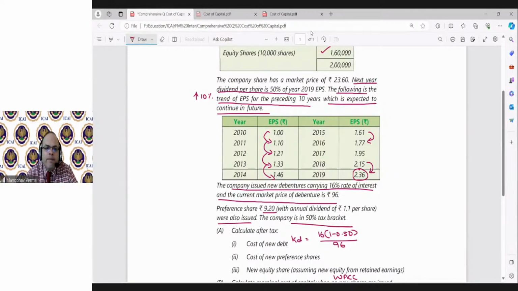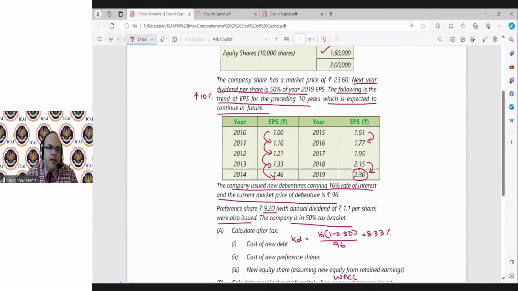What is it that we are looking at here? 8 upon 96, guys. Can anyone tell me? 8 upon 96, everyone is giving me 8.33%. Bhumika, Harmisha, everyone is telling me 8.33%.